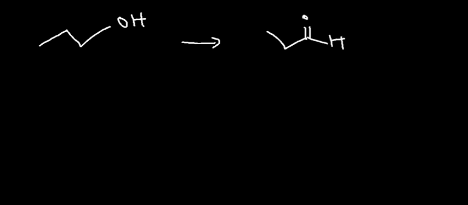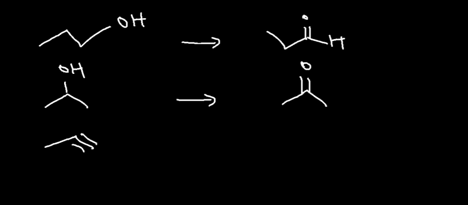So let's say you have a primary alcohol, how can you convert that into an aldehyde? While you're thinking about the reagent that's necessary for that transformation, try to figure out this one as well. How do you take a secondary alcohol and convert it into a ketone? And let's say you have a terminal alkyne, how can you make a ketone and an aldehyde from it?